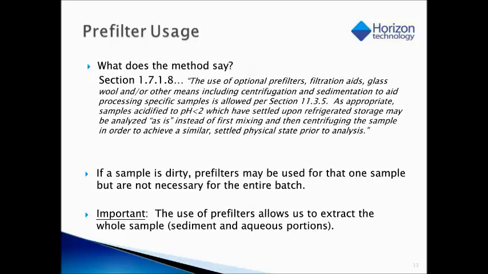So you may not know that you need to use the pre-filters until that sample comes up. Remember, pre-filter usage is kind of like breaking an emulsion. You don't necessarily need to do it for every one of the samples in the batch. As long as you're following good techniques, you should be fine.